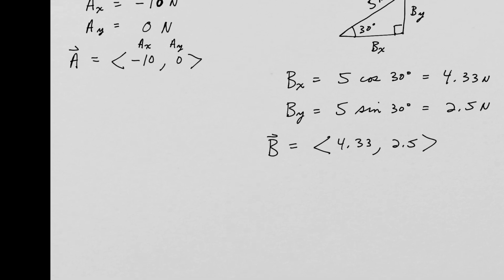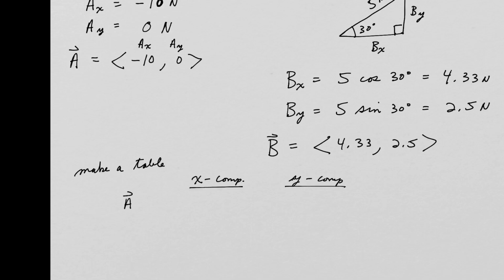So you could make a table just to organize your work. So I have x component, y component, and I have vector A, vector B, and I want a resultant vector R.